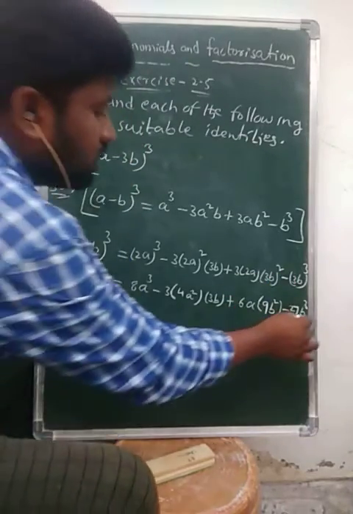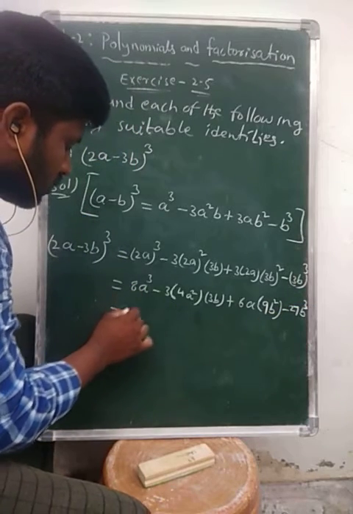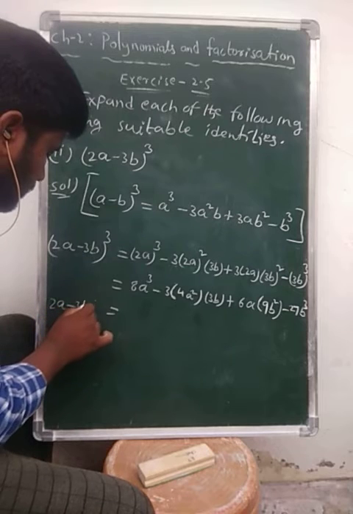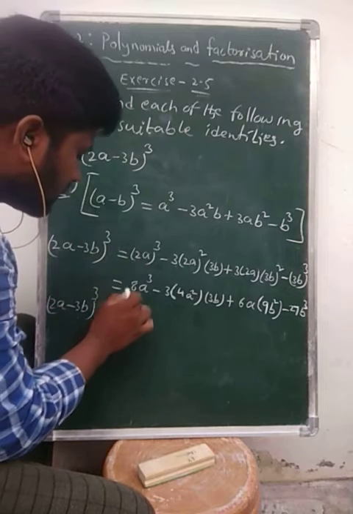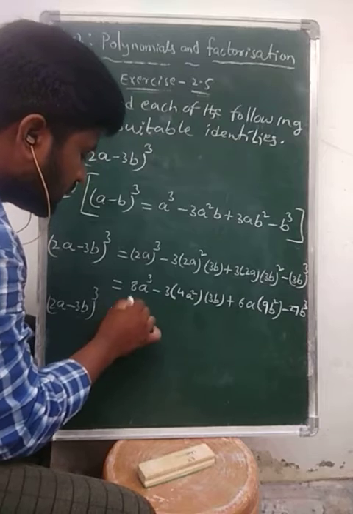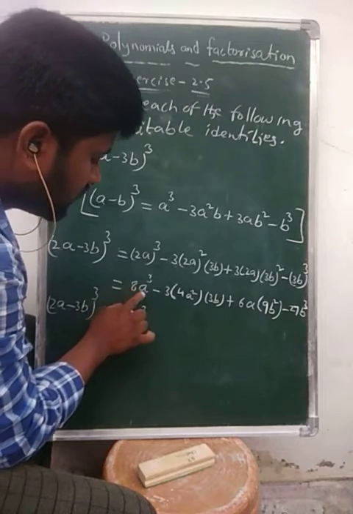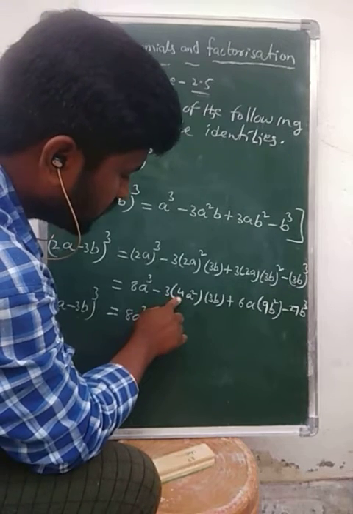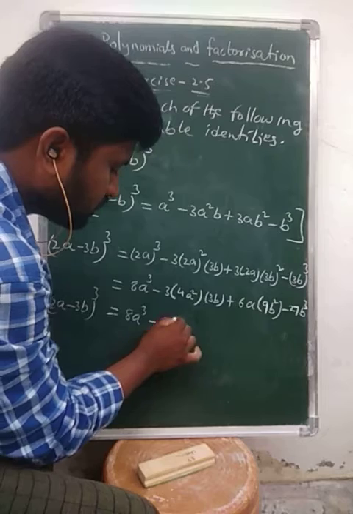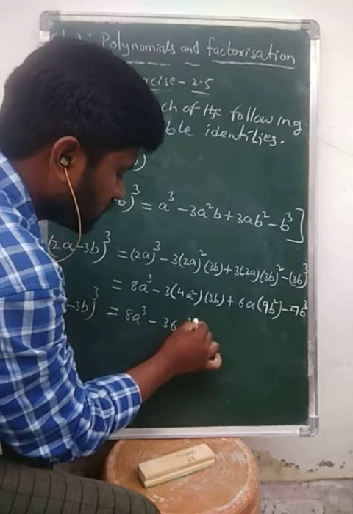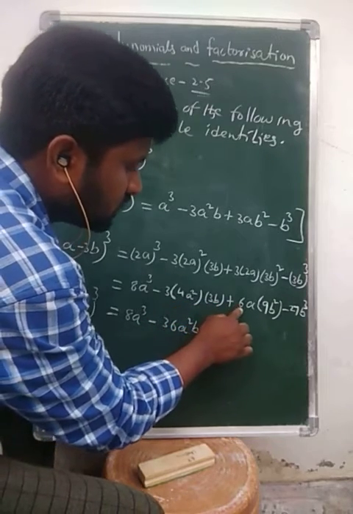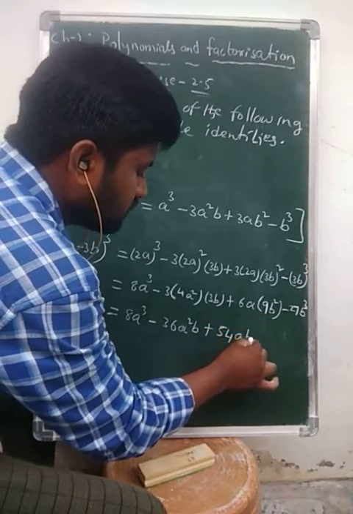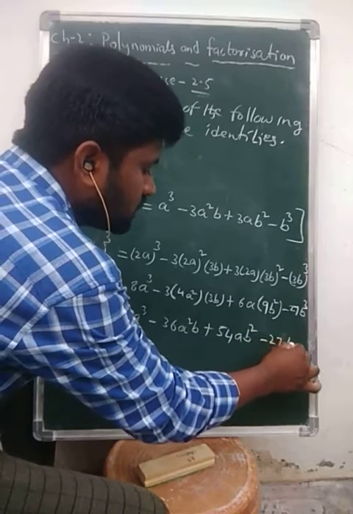Okay, now see, therefore ikkada (2a minus 3b) whole cube is equals to 8 whole cube means 8a cube, minus, just multiply the numbers, 3 4s are 12, 12 3s are 36, a square b, plus ikkada kuda 6 9s are 54, ab square, minus 27 b cube.